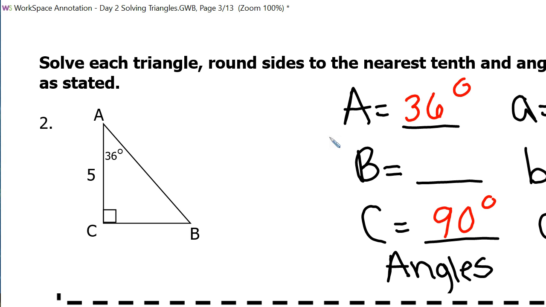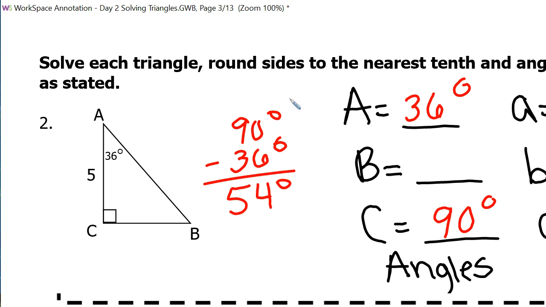And if you know two angles in a triangle, you should automatically know the third one, because all three angles should add up to how many degrees? 180. So if we already have 90 degrees here, then A and B also have to add up to 90. So 90 degrees minus 36 degrees is 54. That would be 54 degrees for angle B.